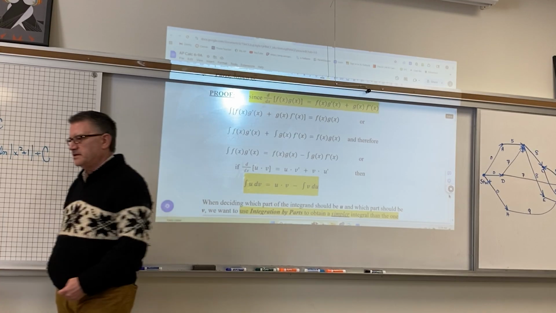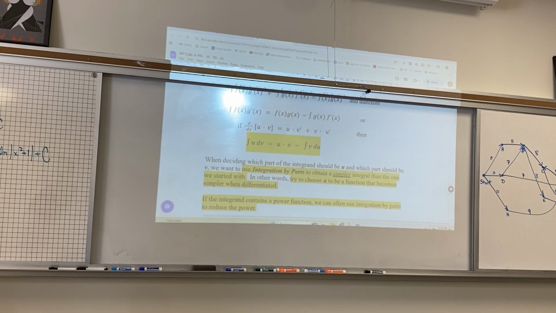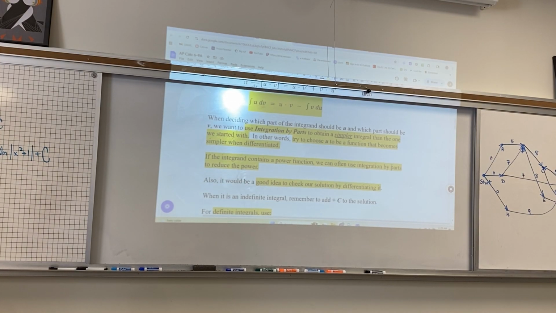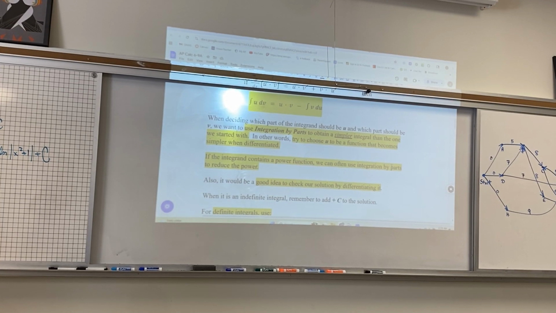The whole purpose of this is to try to get your integral to be something simpler than what's staring at you. So we want to obtain a simpler integral than the one we started with. So we're going to try to choose u to be a function that becomes much simpler when I take the derivative of it.